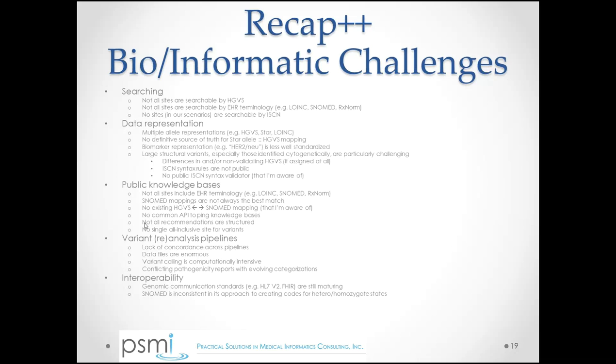For some of the more actionable knowledge bases, like ClinGen and PharmGKB, not all of the recommendations are structured. And so we're not to the point where we can do out-of-the-box dynamic clinical decision support based on having an EHR ping these public knowledge sources.